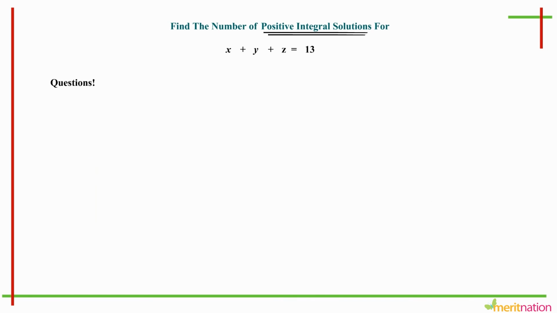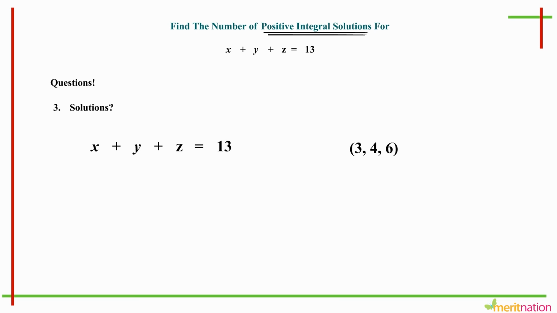Now let's go back to that equation. x plus y plus z is equal to 13. What is a solution for this equation? A solution is basically a set of values for x, y and z that satisfy this equation. For instance, x is equal to 3, y is equal to 4, z is equal to 6 is one possible solution for this equation.